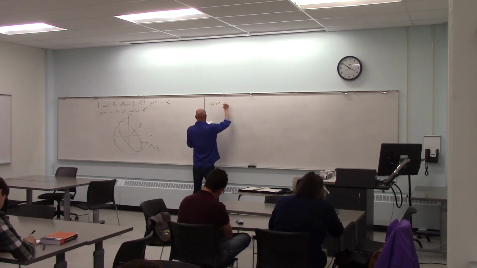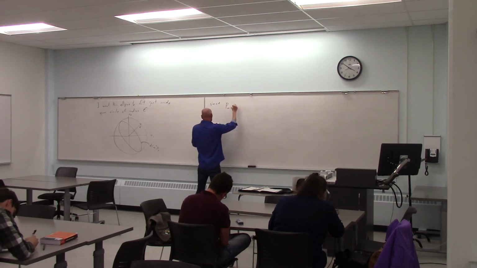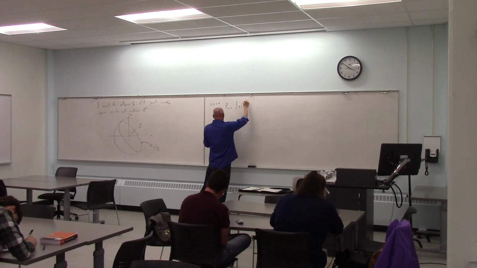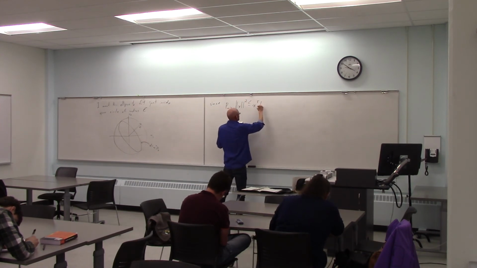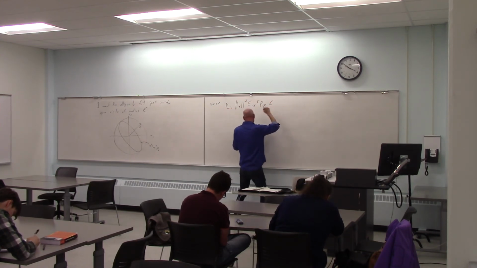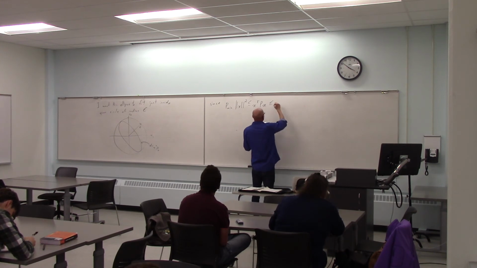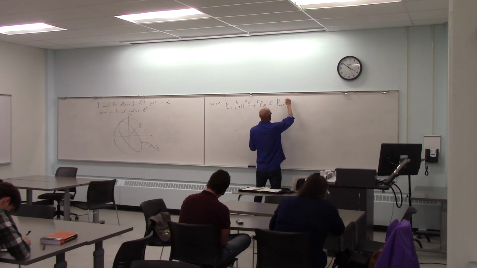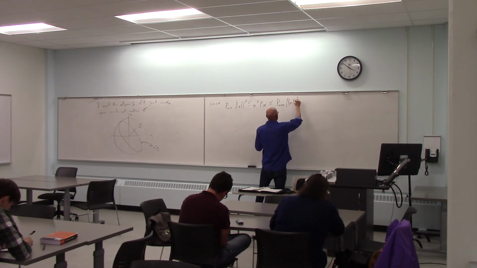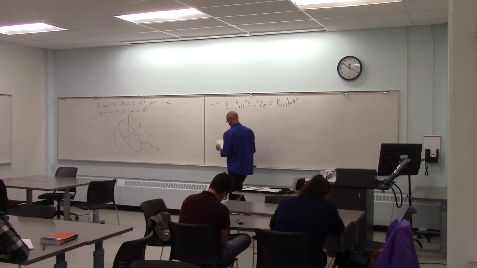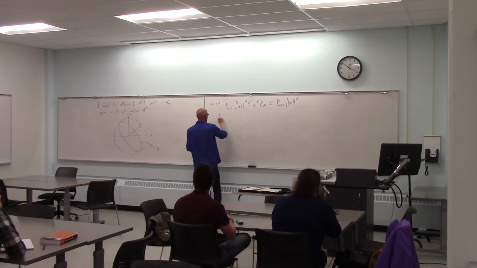Since X transpose PX is greater than the minimum eigenvalue of P times the norm of X squared, and less than the maximum eigenvalue of P times the norm of X squared.